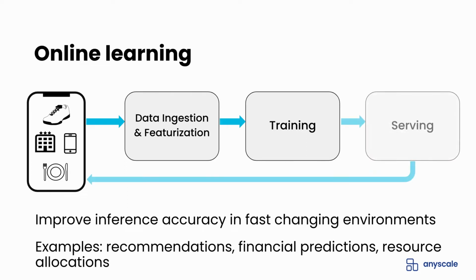Finally, once the model is updated and tested, we push it to production, that is, to the serving stage. In general, we want to update the model frequently so that it captures the pattern changes in the most recent data. Today, there is really no system to implement online learning end-to-end.